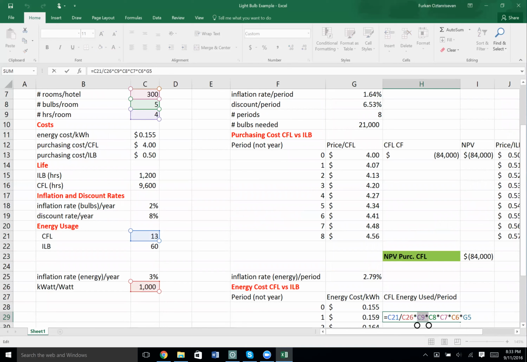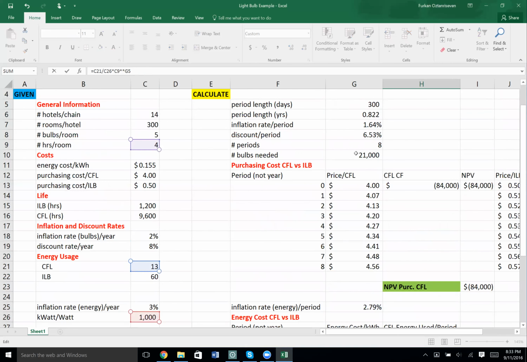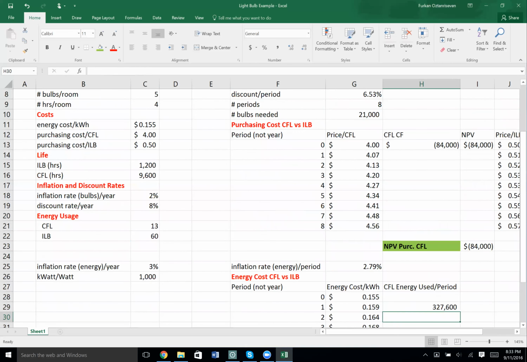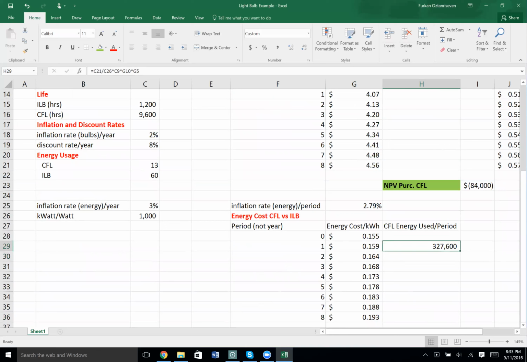But I still need to keep C9, which is this one. So I could delete this, which only gives me the number of bulbs needed, and directly put the number of bulbs needed here and get the same result. Okay, this is how much energy I need if I have CFL bulbs per period.